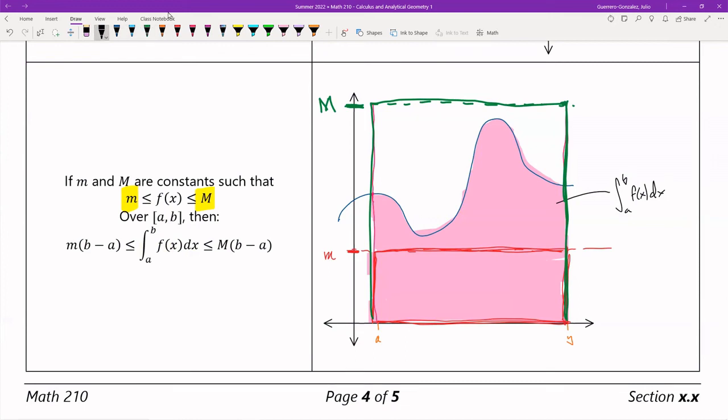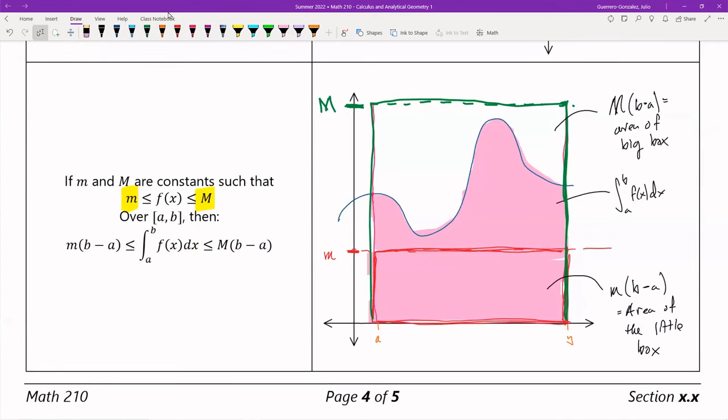The area for this little box right here is going to be m times b minus a. So this is equal to the area of the little box. And then this up here has the same idea, M times b minus a, the area of the big box.